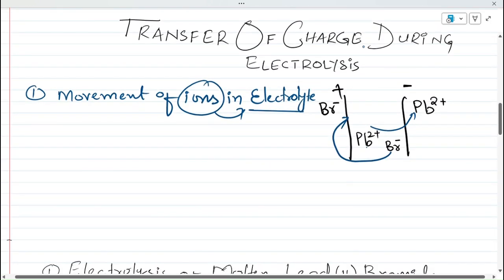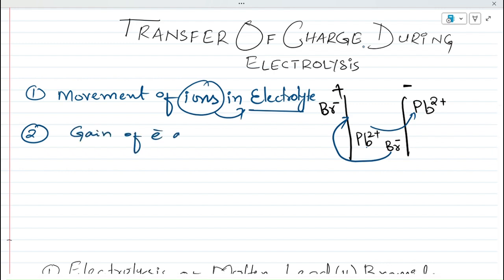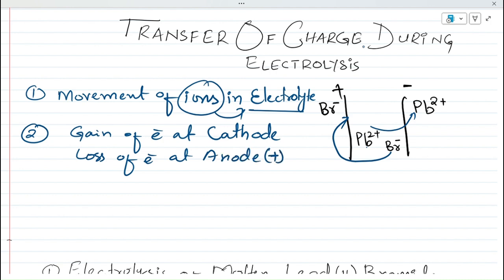Let's mention this also: there is the gain of electrons at the cathode, because the cathode is negatively charged, so positive ions will easily gain electrons from it, and there is the loss of electrons at the anode, which is a positive electrode.